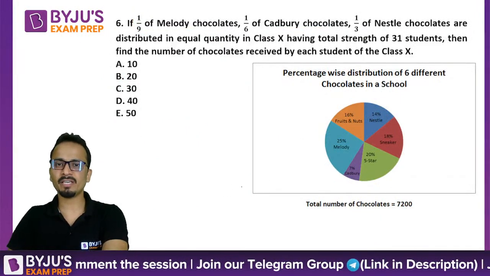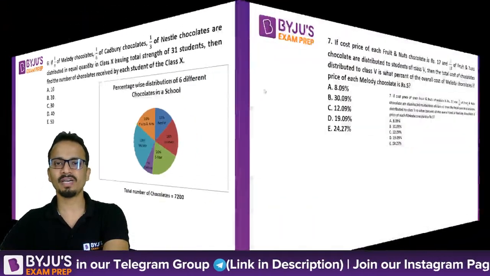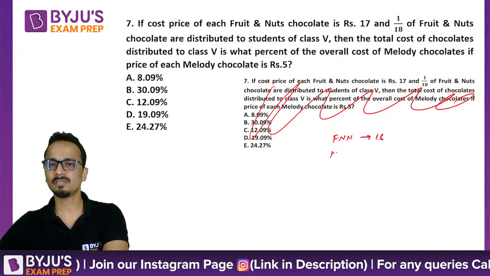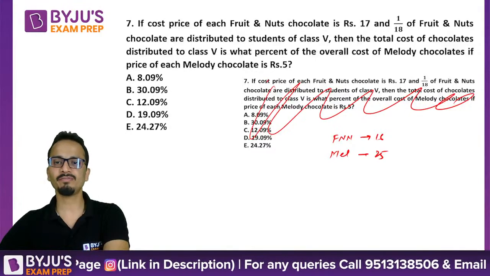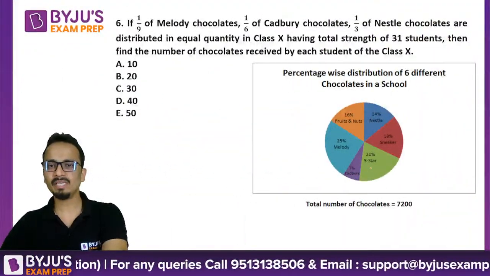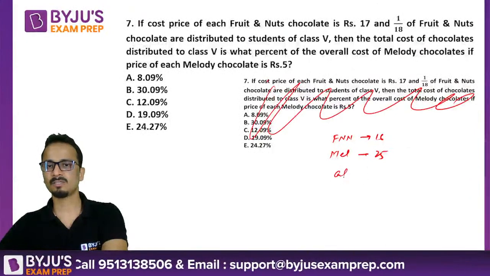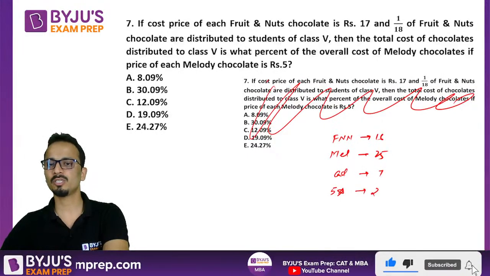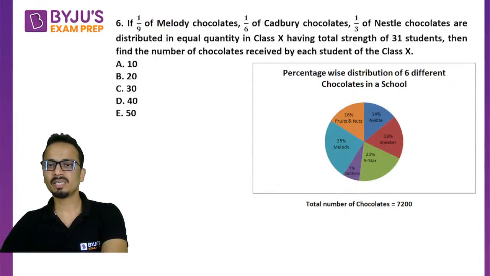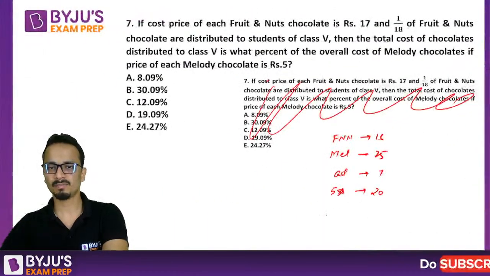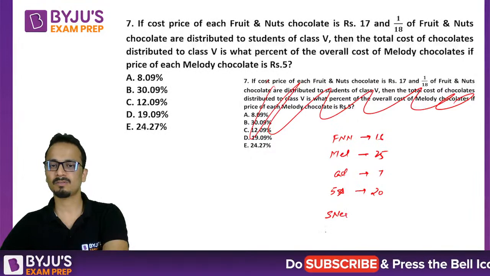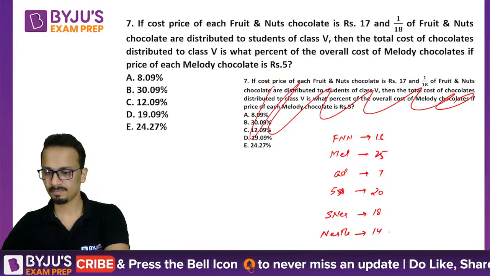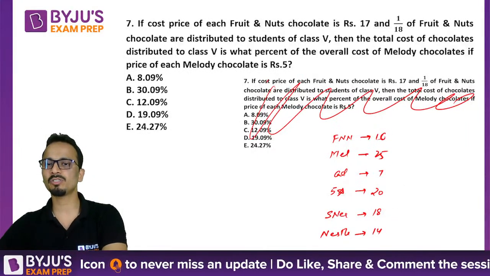Or I'll write everything. Fruit and nut 16%, Melody 25%, Cadbury 5-star 7%, 20%, Snickers and Nestle 18 and 14. Alright, so I have written all these percentages for all of you.